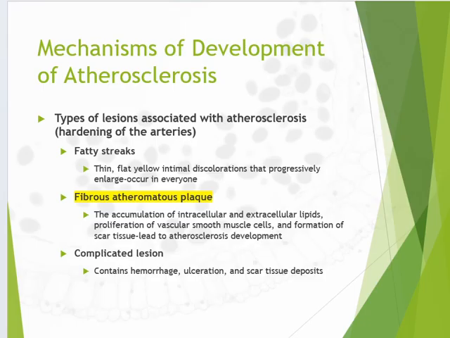So the cascade that happens here is there's some type of endothelial cell injury, like we talked about before, whether it's from hypertension or elevated cholesterol levels or toxins from smoking. Whatever the cause is of that endothelial cell injury, that's what starts this process of fibrous atheromatous plaque formation.